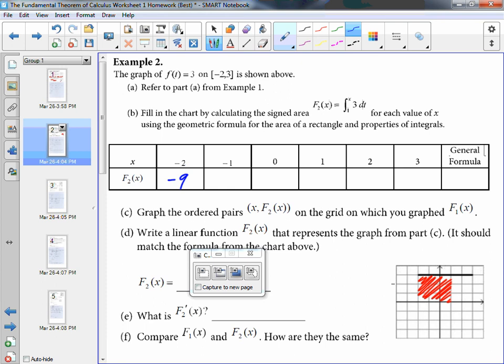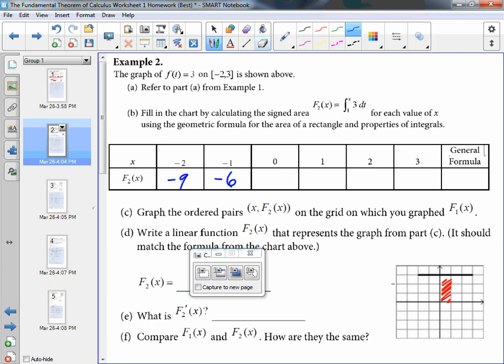Then when we have x equals -1, our actual area is a +6, but that's the integral from -1 to +1. We want the integral from +1 to -1. So it's a -6. Now x equals 0. So that area is a +3.